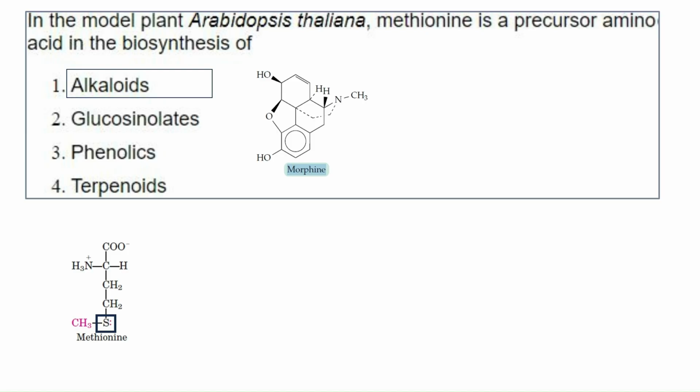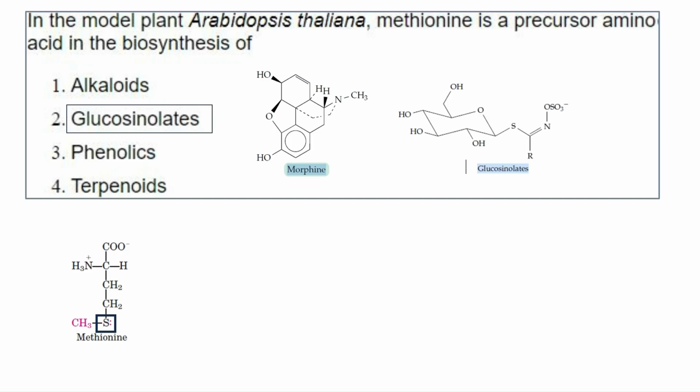Now on to the second option, glucosinolates. As we can see from this structure, it contains sulfur. So right now we can say that we got our answer, but still for the sake of knowledge, we'll look at the other two options.